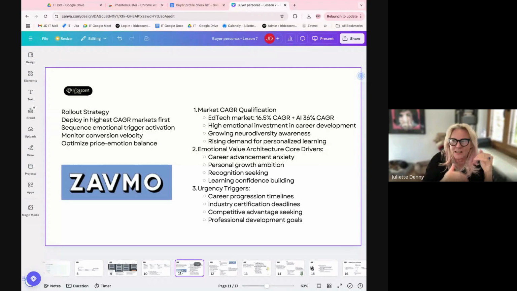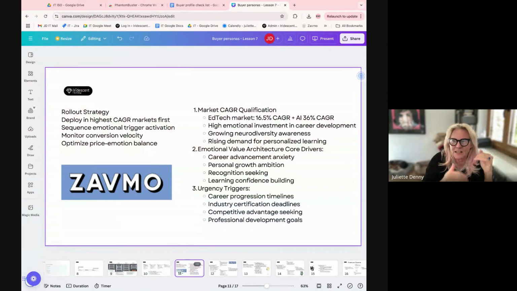And there's also another thing which is driving emotion, or the core drivers. People are anxious. They're anxious about their role. They're anxious about how they're developing. They're anxious to make sure that they're on the right side of the AI transformation. And from a Zavmo point of view, they want to be seen as early movers in the market.